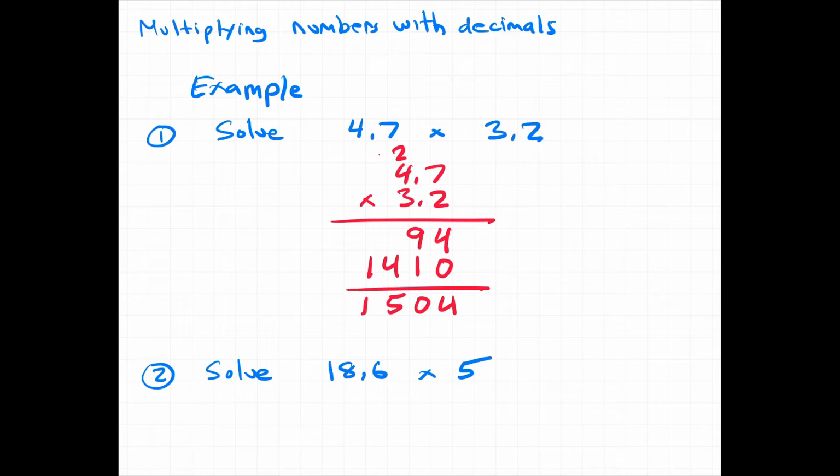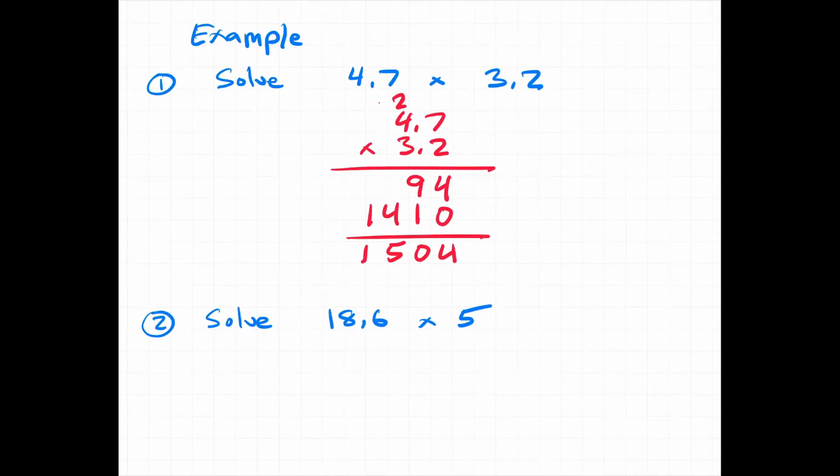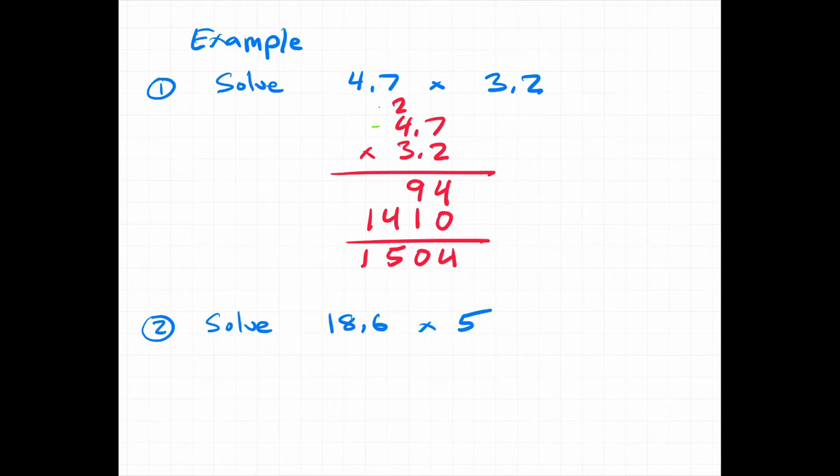What I need to do is take a look at these two numbers that I multiplied together. And these two numbers right here are called factors. So these are the factors that I multiplied to get my answer, which is called the product. So again, knowing that the answer to a multiplication question is called the product is going to be important.